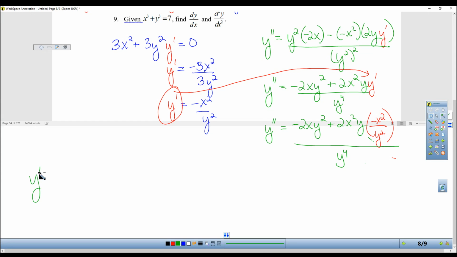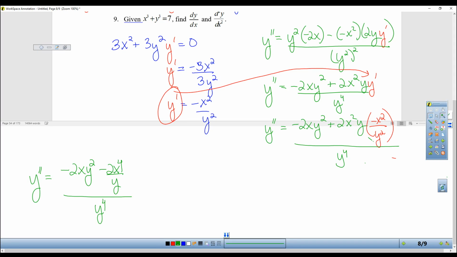All right, I'm going to simplify that to negative 2xy squared minus 2x to the fourth, and one of those y's cancels with one of those, so there's just one y left on the bottom.